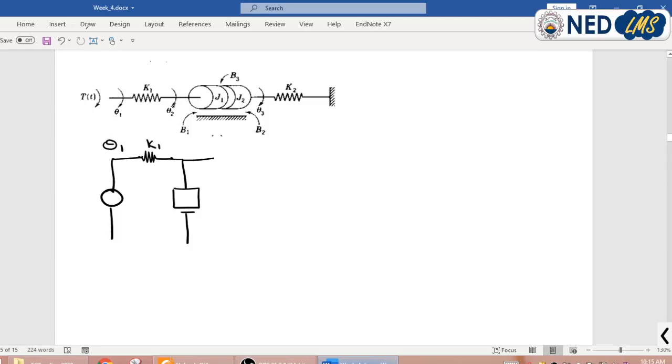This spring is transferring this force to this node theta 2. At this theta 2 we have J1, B1 and B3. So this is my moment of inertia J1.